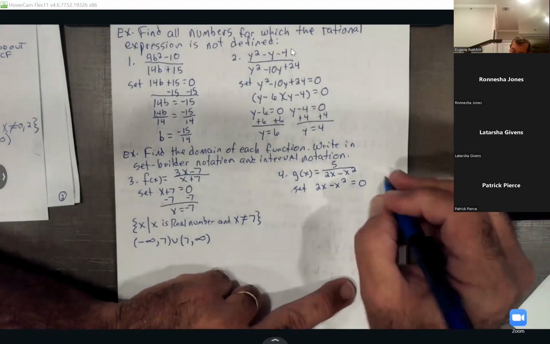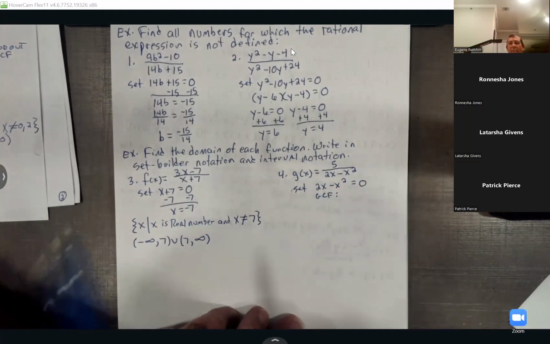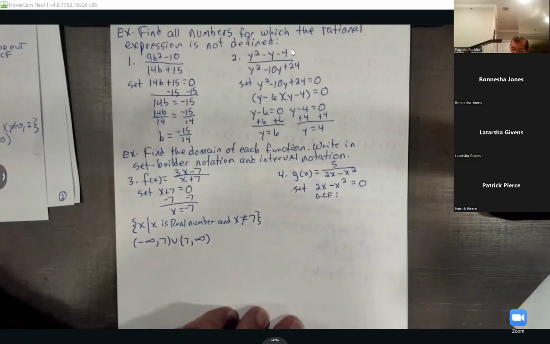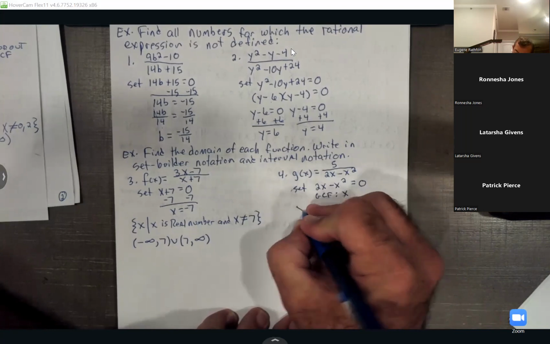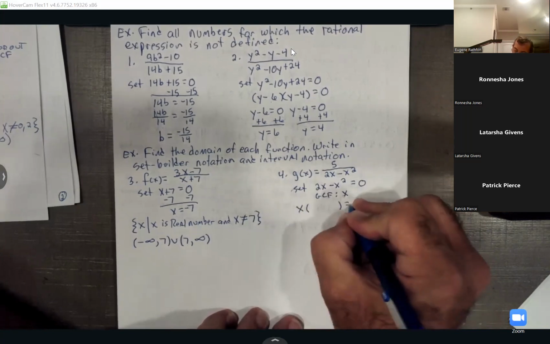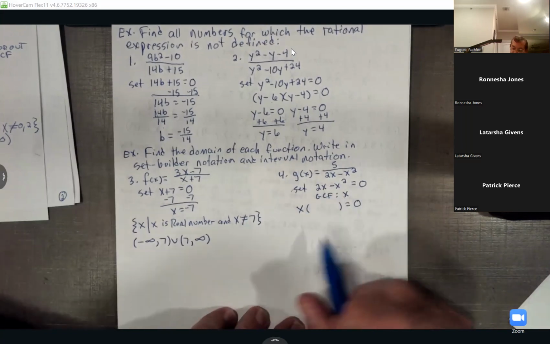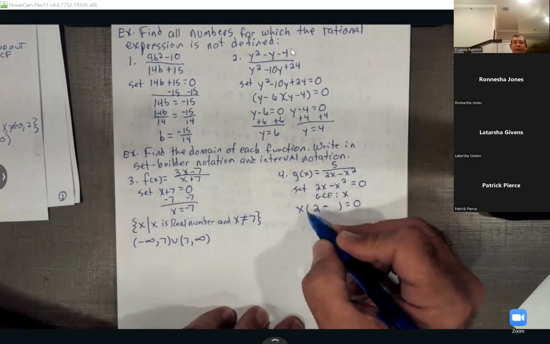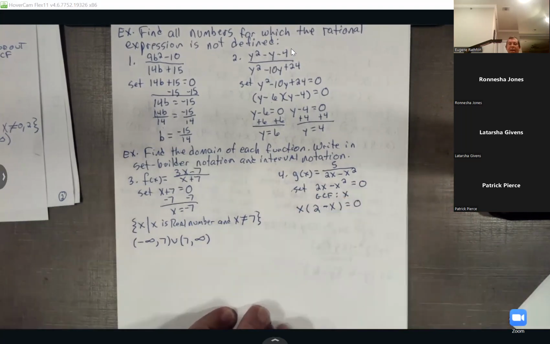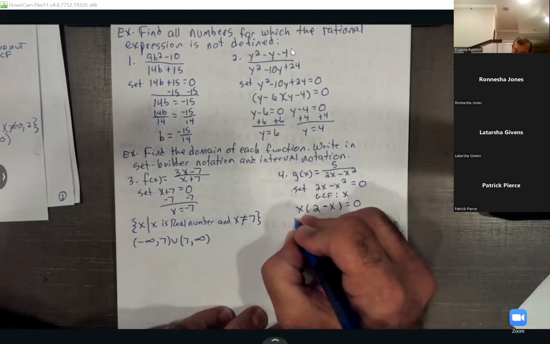What we want to do to that one is factor out that GCF. Because if you notice, both of these have something in common, which would be the x, right? Both of these have an x. So factor out that x. That's going to give us an x and then our parentheses. 2x, if we divide by x, the x is canceled and I'm left with a 2 minus, here you had an x squared divided by x, leaves me an x. So I get x times 2 minus x. So set both of these factors equal to 0.